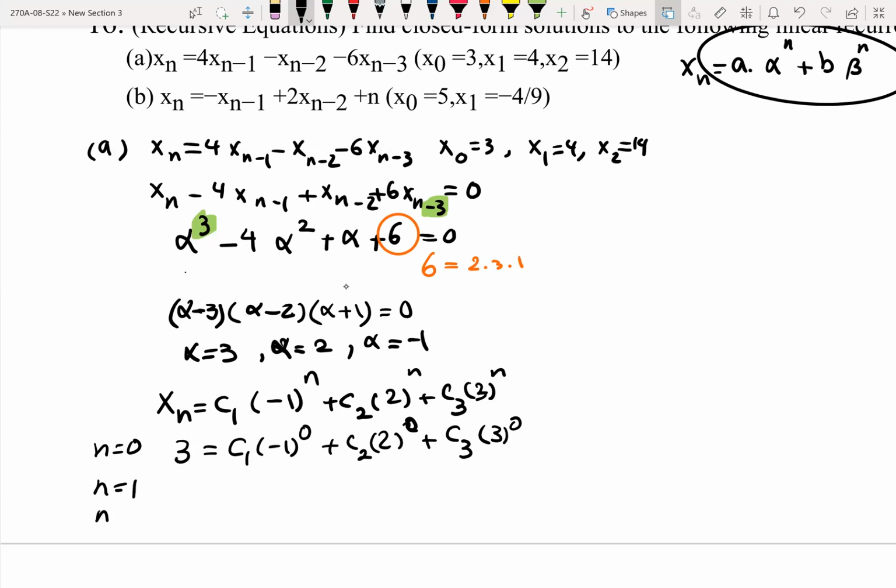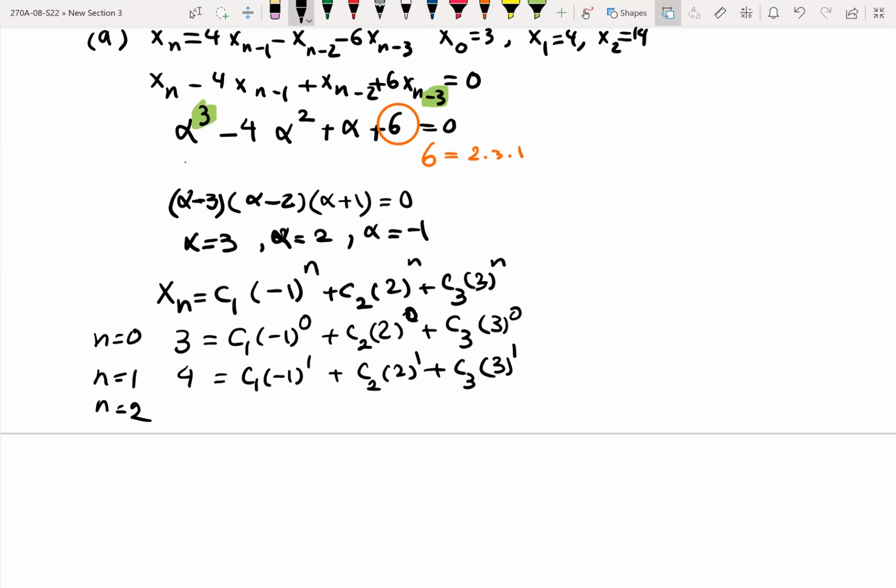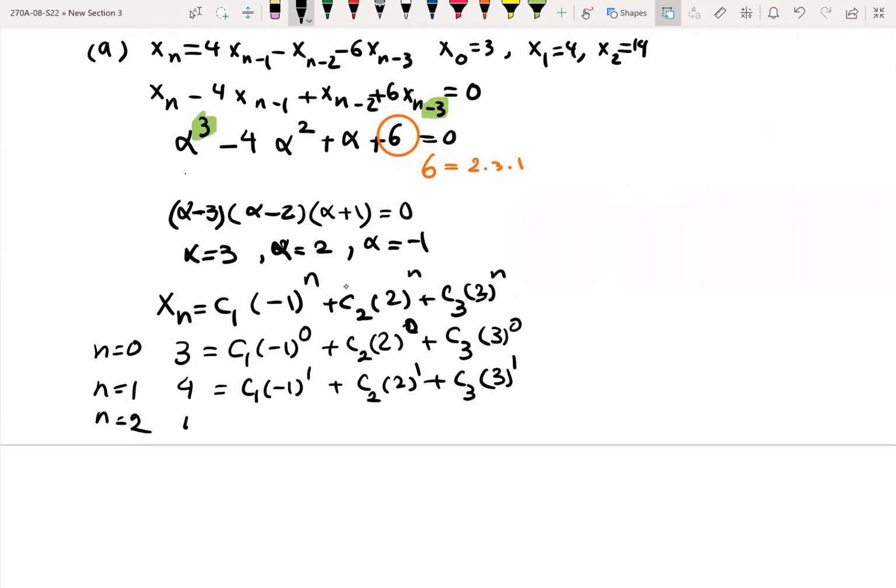You plug in 1 and you plug in 2, and then you can solve it. If you plug in 1, it's 4 equals C1 times negative 1 to the power of 1, plus C2 times 2 to the power of 1, plus C3 times 3 to the power of 1. And if you plug in 2, the second term is 14, that was given. So it's C1 times negative 1 squared, plus C2 times 2 squared, plus C3 times 3 squared.